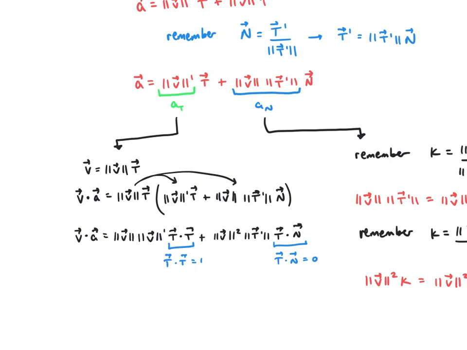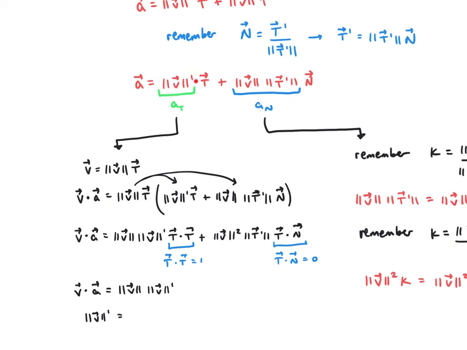So we can simplify this entire equation to be V dotted with A equal to the magnitude of V multiplied by the derivative of the magnitude of V. And we can then solve this for the derivative of the magnitude of V, because again, we're trying to make the substitution way at the beginning of this.